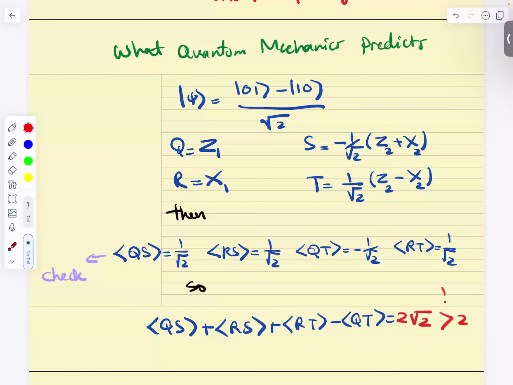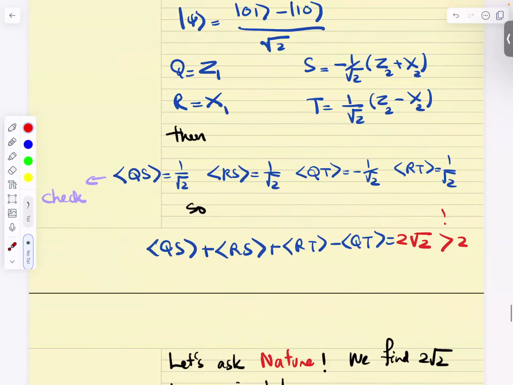If you're asking whether this is the unique choice, not at all. The 2 square root 2 is the largest you could do. But anyway, there's a very long history of this. People have studied this. This is 1965, by the way. So exactly 30 years after Einstein, Podolsky, and Rosen.